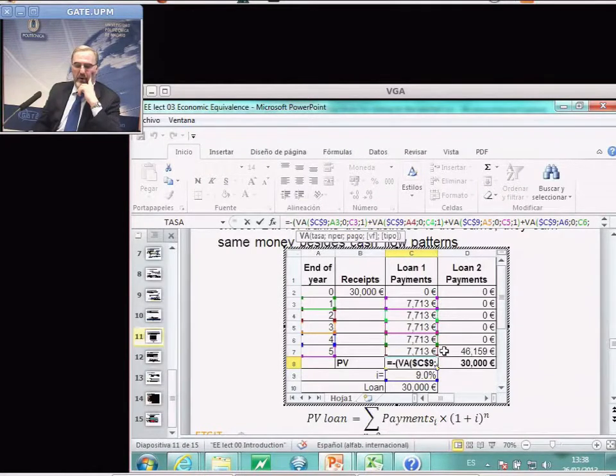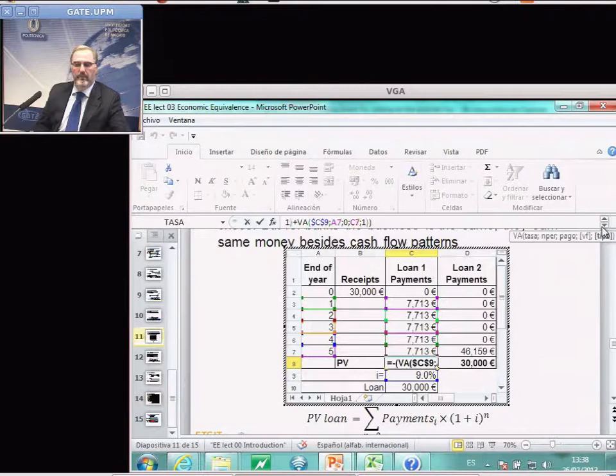We see here in the formula the present value of these future cash flows of Loan 1 payments is the sum of several payments. So what I'm seeing is a term for the cash flow in year 1 plus one term of present value for the second year payment, for the third year payment, plus the 4th year payment, and for the 5th year payment.